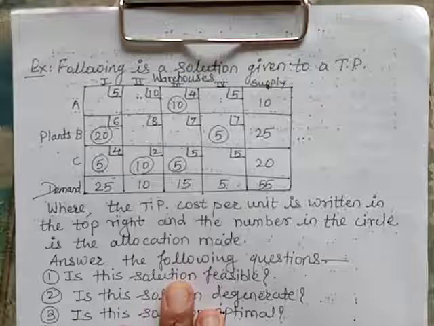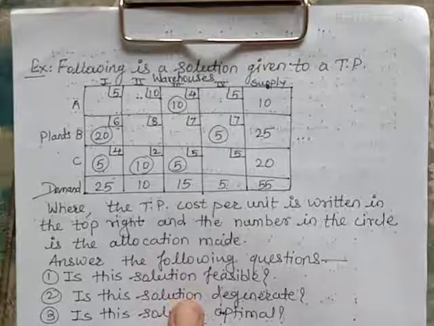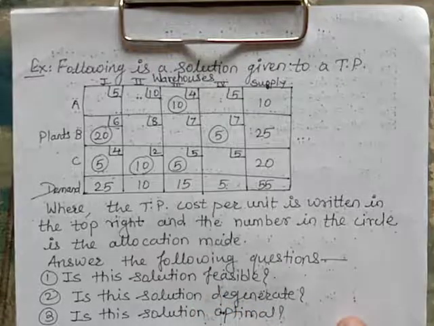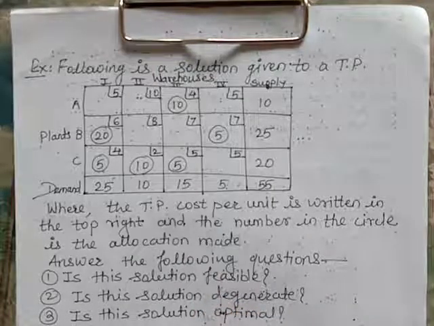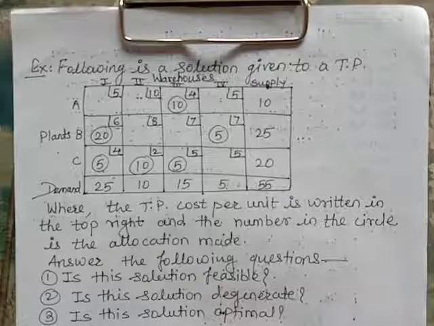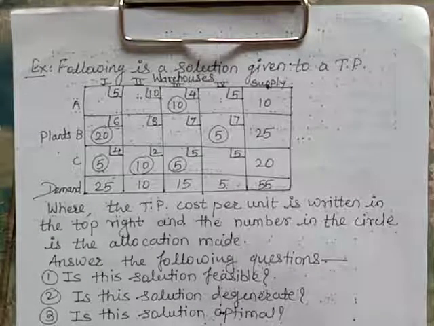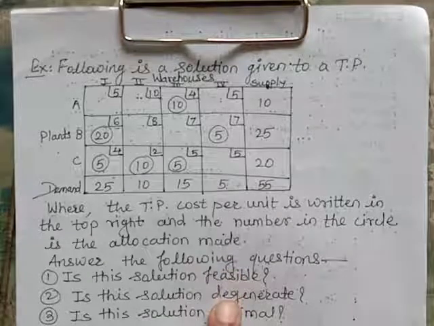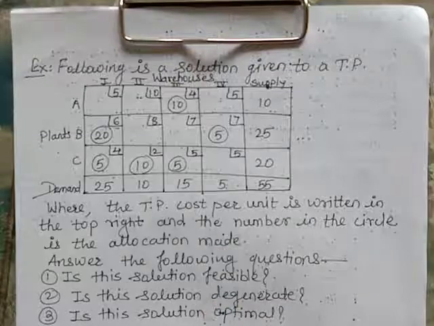Therefore, it is basic feasible means it is non-degenerate. So it is not degenerate. Fine. Now we have to check for optimality. For that we need to apply the UV test. So let me go further. First of all let me write the answers of these 2 questions. Later on we will go further.